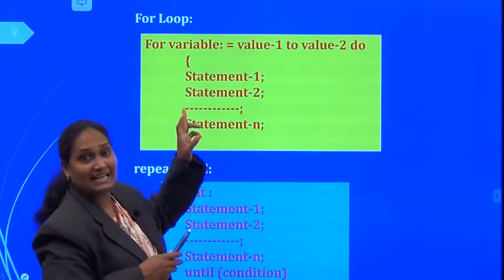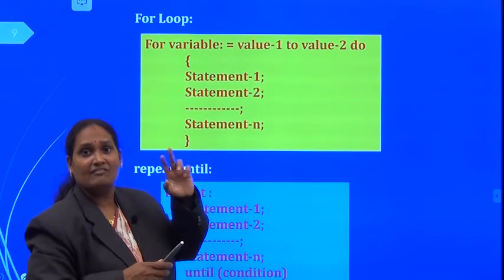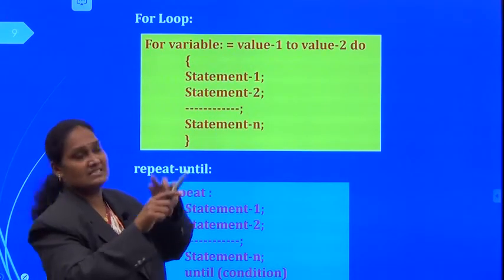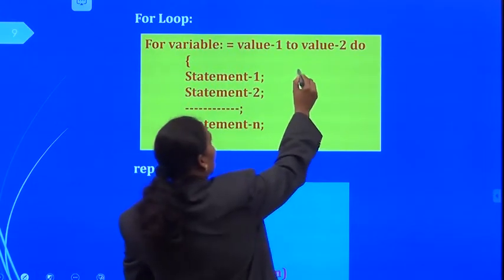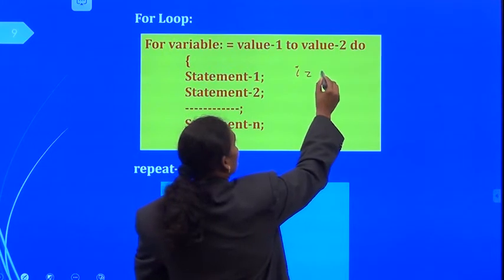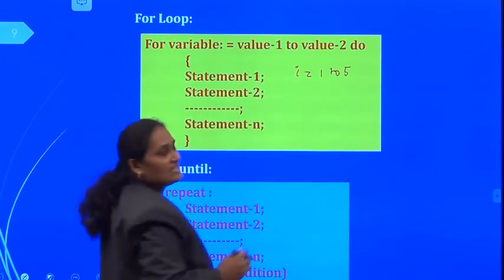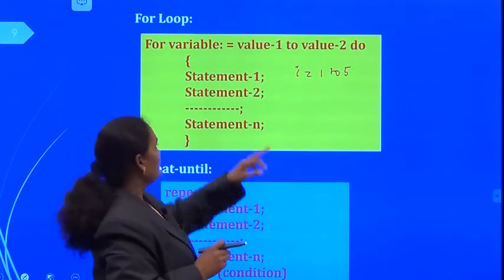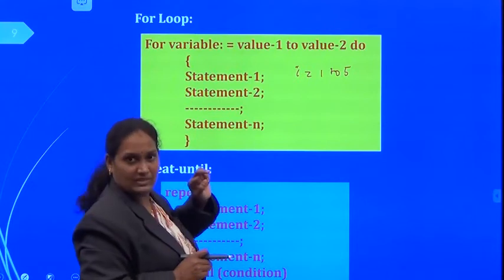Whenever the variable crosses value 2, the execution control comes out of the loop. For example, here I represented I is equal to 1 to 5. First I takes 1, and for 1, all the statements are executed one time.